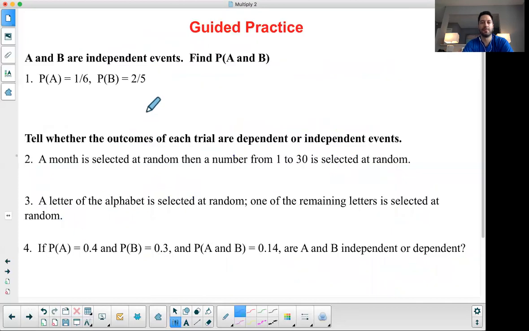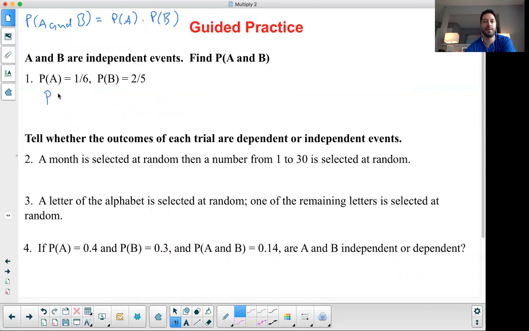Okay, moving on. A and B are independent events. Find P(A and B). Well, because they tell us they're independent events, P(A and B) equals P(A) times P(B).